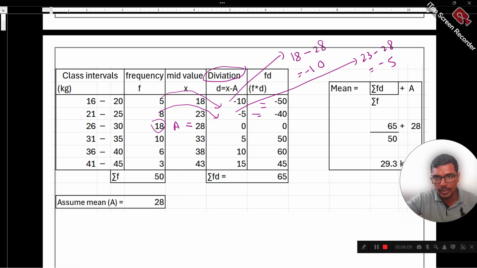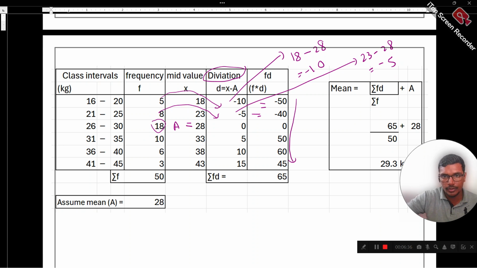After taking that multiplication, f times d, we should take the summation, addition of this entire column. Then minus 50, minus 40. Once you add, you take the positive additions and the negative ones and subtract. Then when you take the additions, it will be sigma f d.